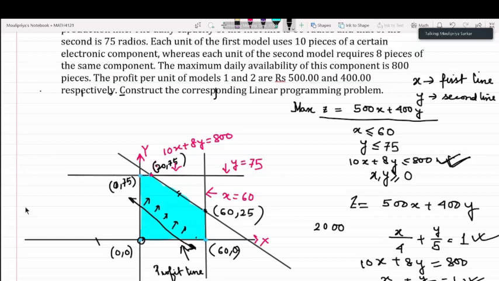The slope of this line is the same as the slope of the profit line. Do you agree? They are parallel. That implies when I translate the profit line away from the origin, a point will come where this line will coincide with this line.